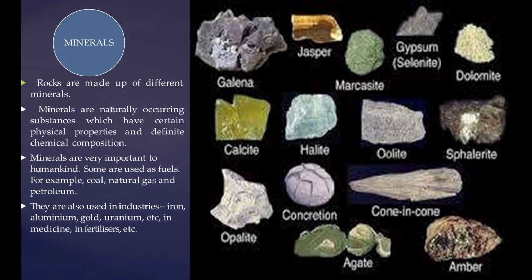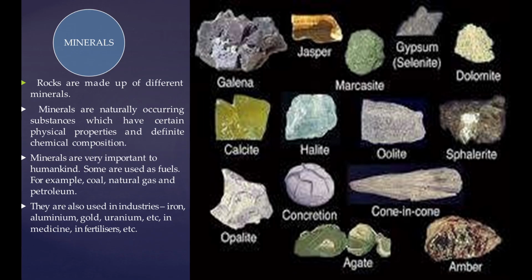Let us come to know about the minerals. Dear students, we have already learned that rocks are made up of different minerals, and minerals are naturally occurring substances which have certain physical properties and a definite chemical composition. Minerals are very important to humankind.